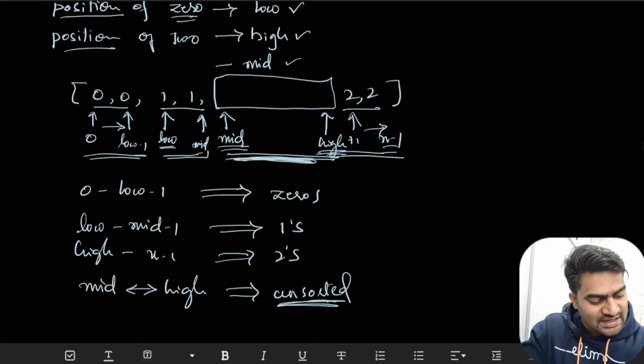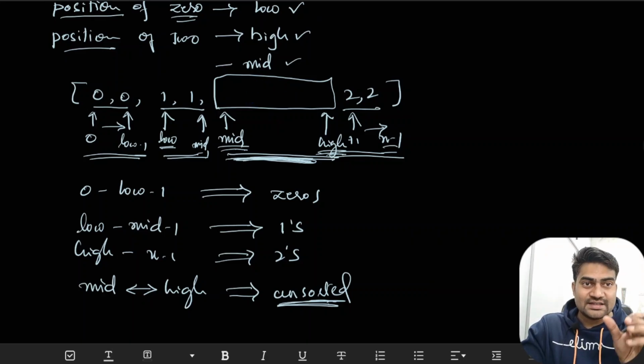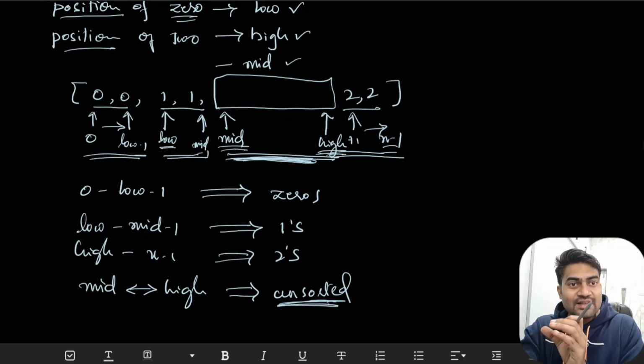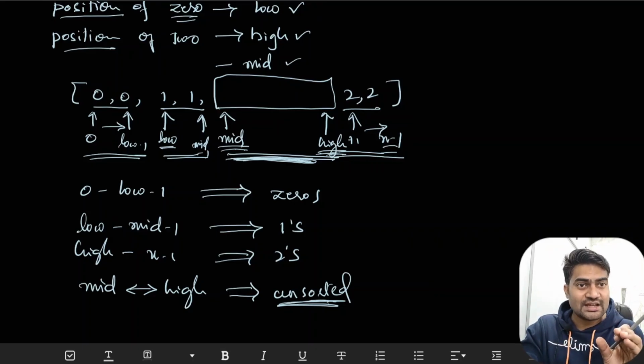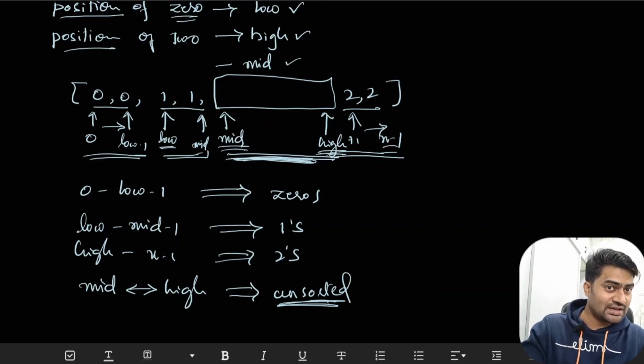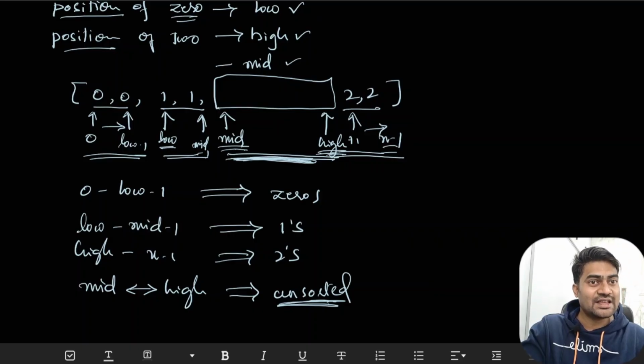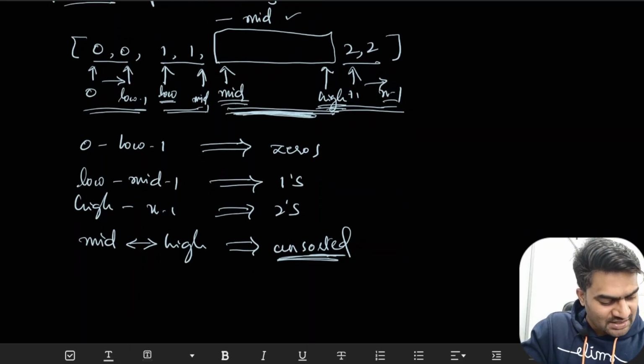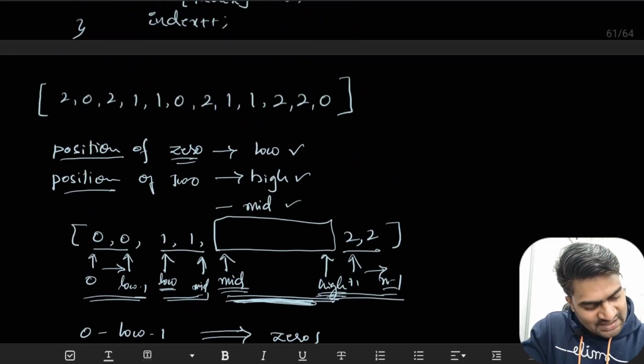If you find any 1's in between, you can simply ignore them because they are already in their right place. If you find 0, simply replace it at the place where the low pointer is pointing. If you get a 2, then go to the right and replace it at the place where our high pointer is pointing. Let us take this example and dry run it.